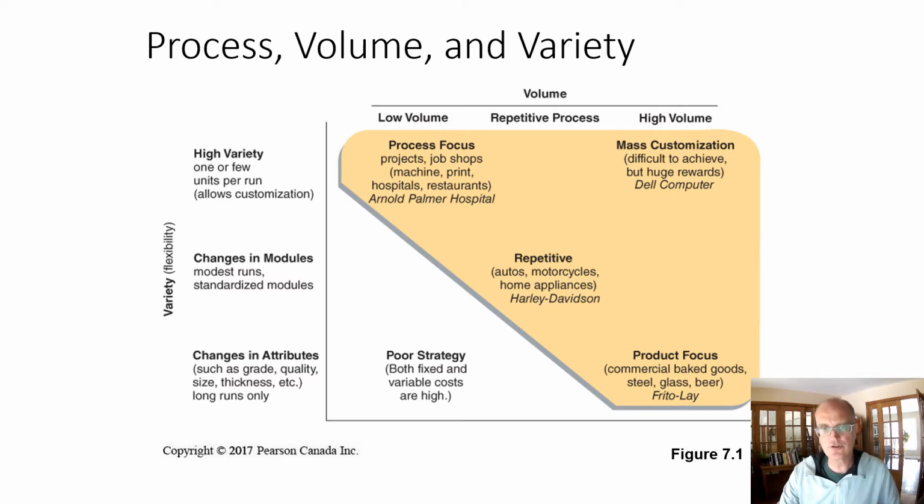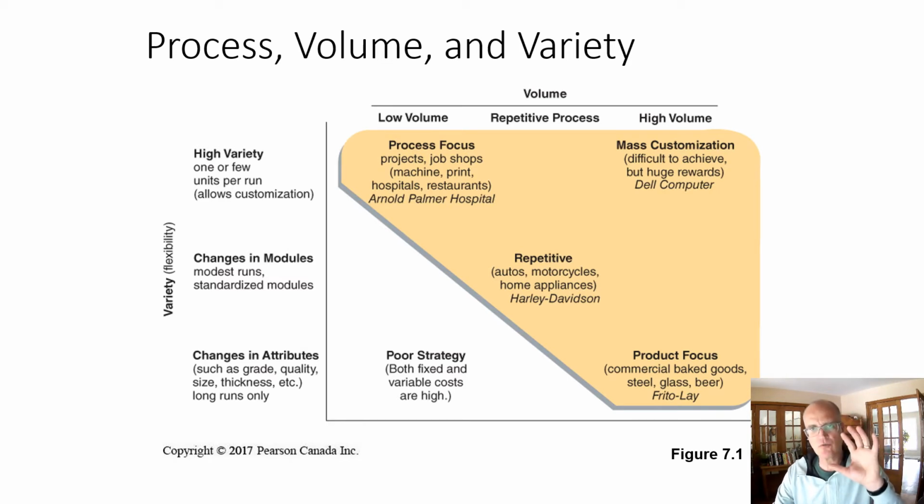That's the difference between process focus and product focus. And mass customization is a combination of those, where you have some degree of customization in a high volume production environment.